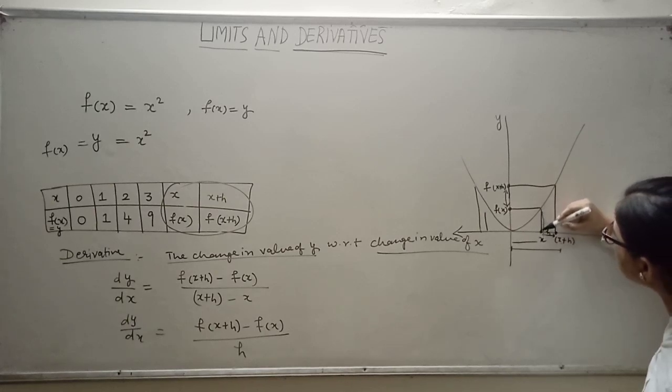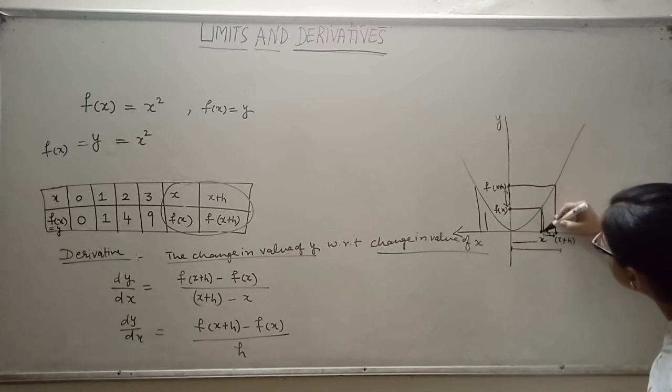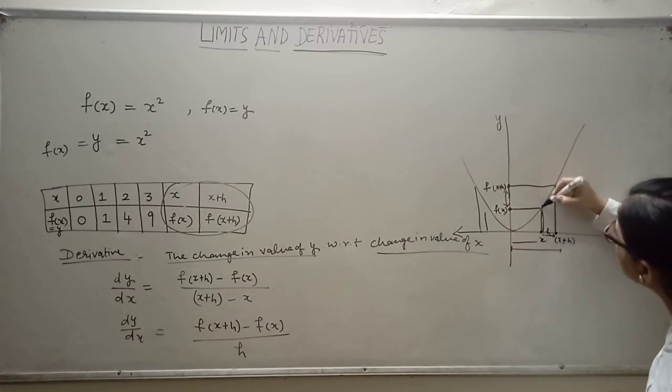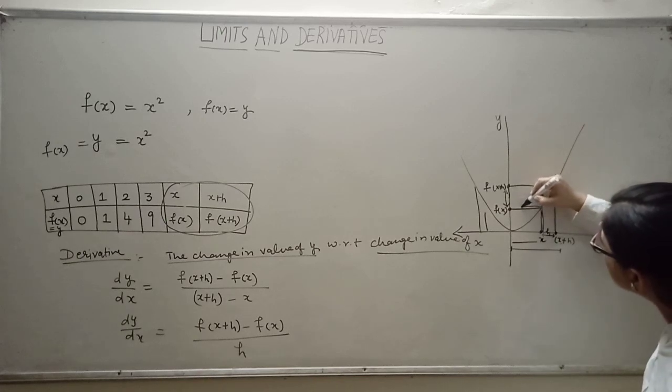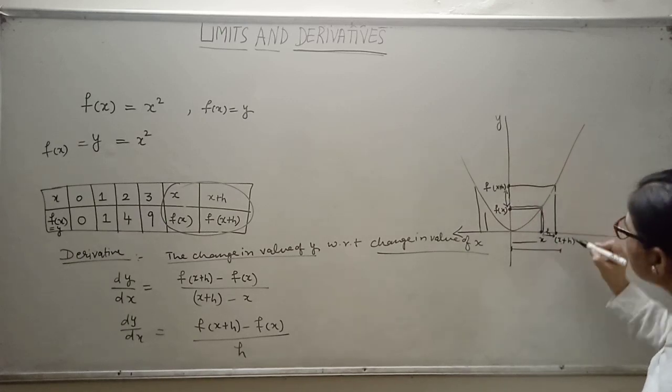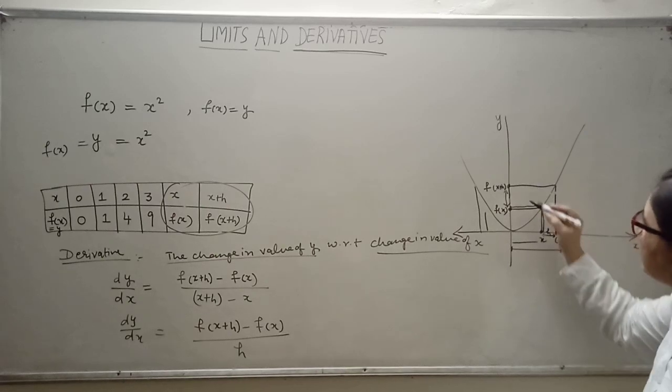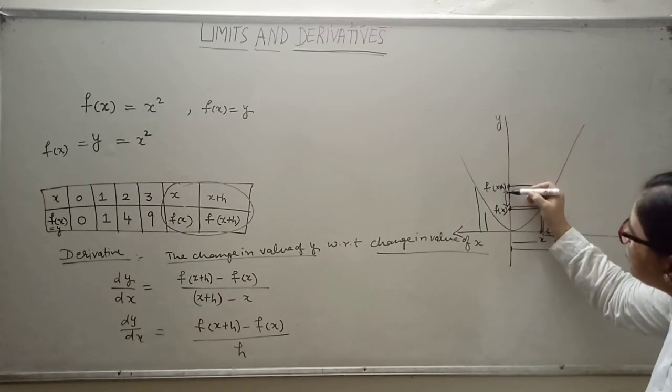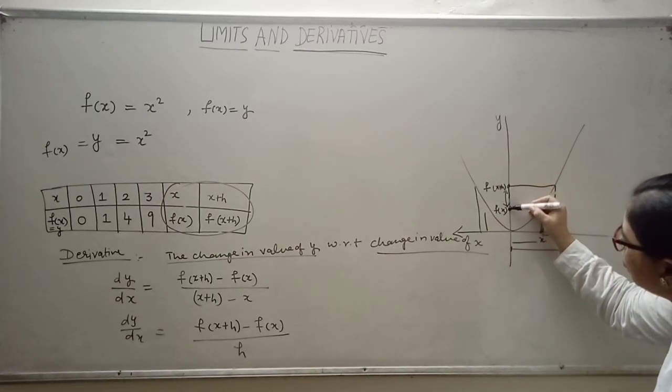If it is approximately equal to 0, it means that if x plus h is coming very close to this x, then ultimately f(x plus h) will also come very close to f(x).